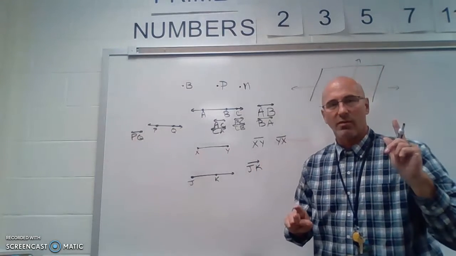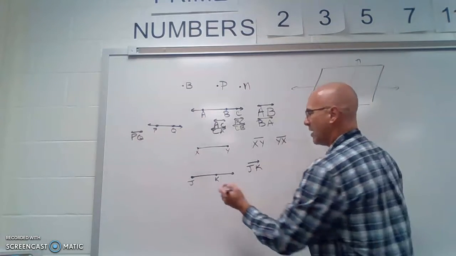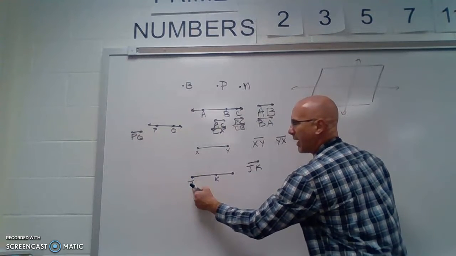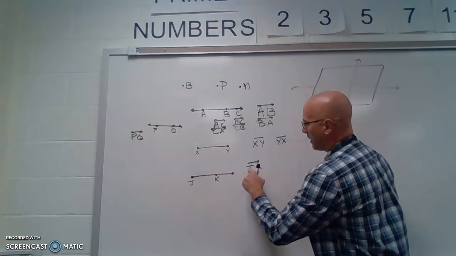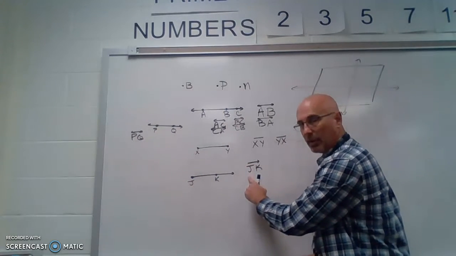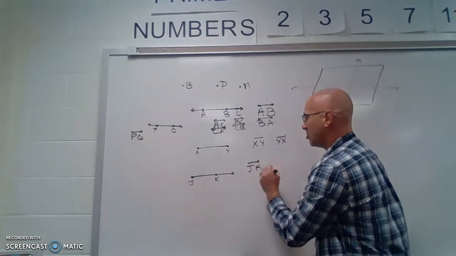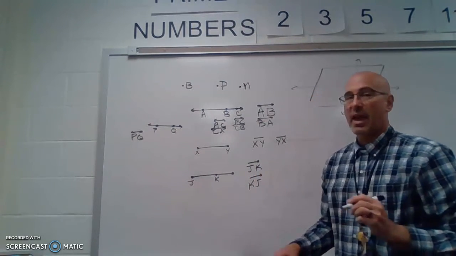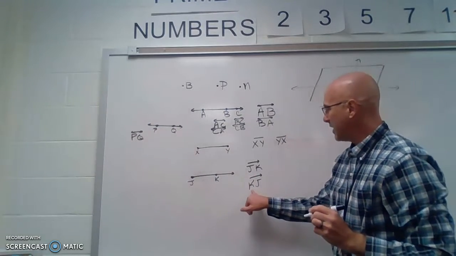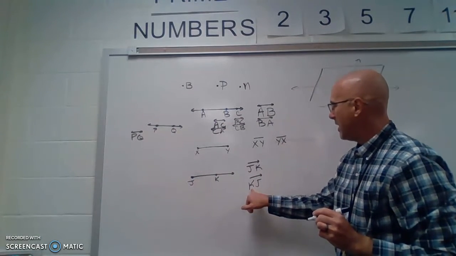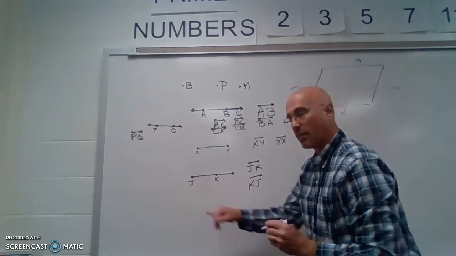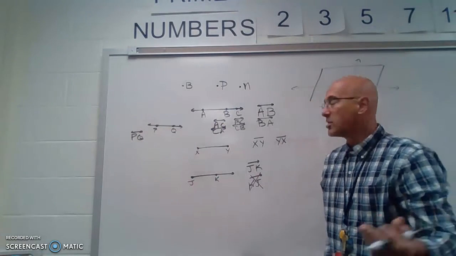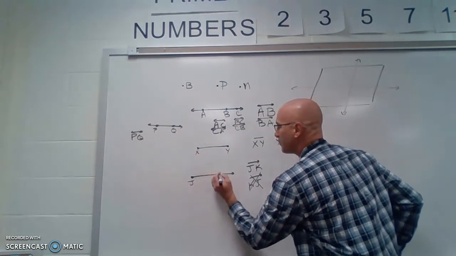So here's what you have to be very careful of. Where your endpoint is of your ray, that's where the endpoint is when we label it. Okay? So JK, we cannot label this ray KJ, because what this says is that the endpoint's at K and it goes infinitely far in the other direction. So that is not correct. But what we could also do is put another point on there.